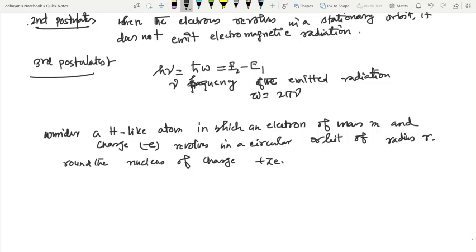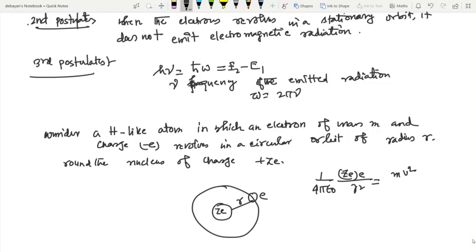If this happens, then we know that the electron and the nucleus of charge Ze are separated by some distance. The electrostatic force is 1 by 4 pi epsilon naught, Ze into e by r square, and that should be equated with mv square by r.